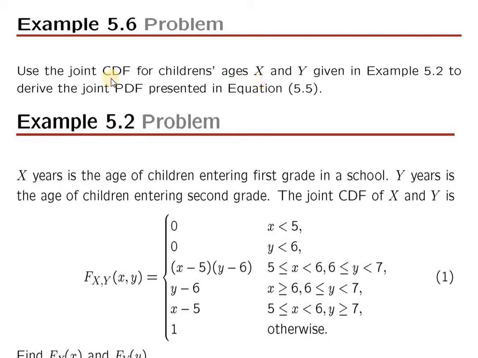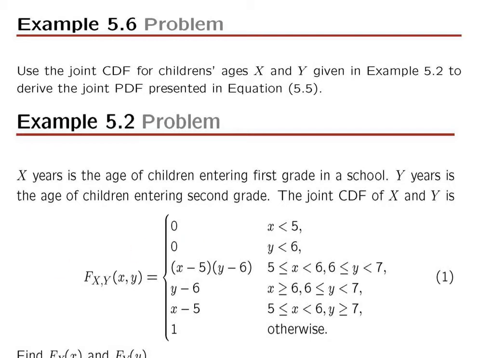This is Example 5.6, which is based on Example 5.2, and it says that Equation 5.5, this one, gives you the CDF. Now the question is, you have to calculate the joint PDF of the pair of random variables.